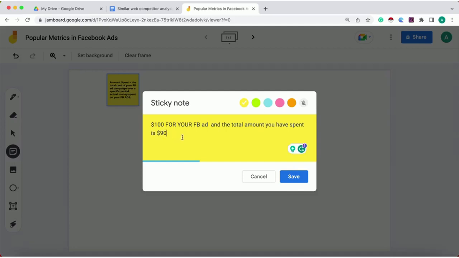Then the amount spent on the campaign is $90. So this is the definition of amount spent.